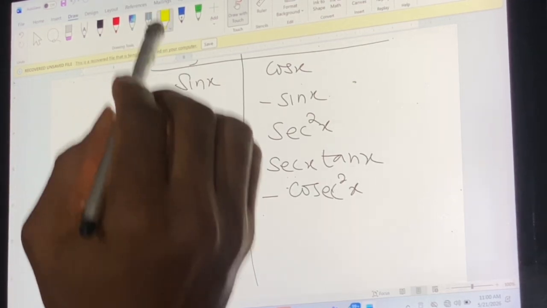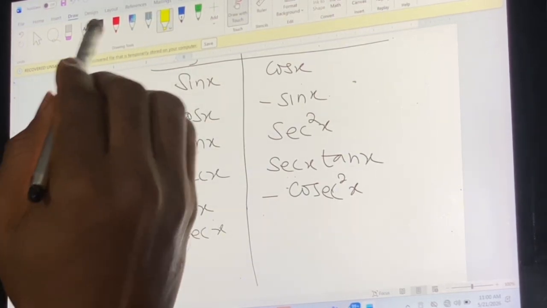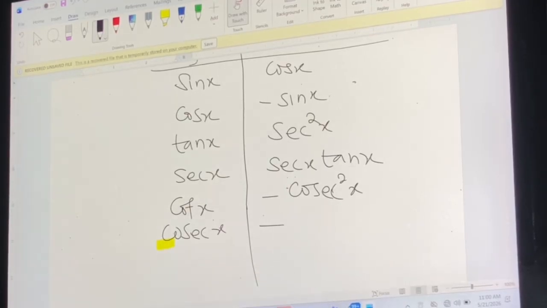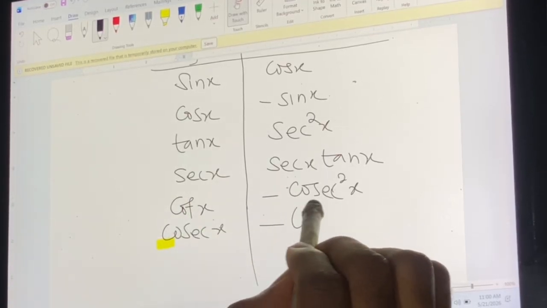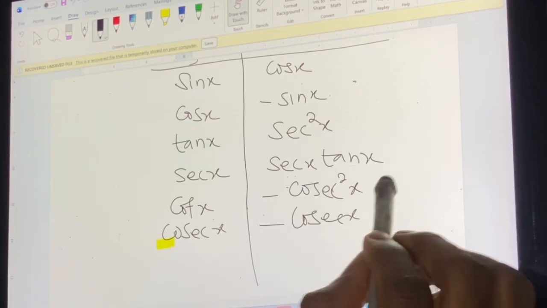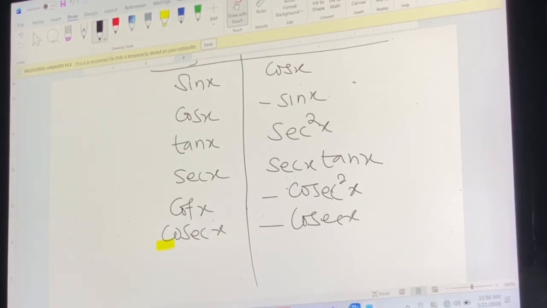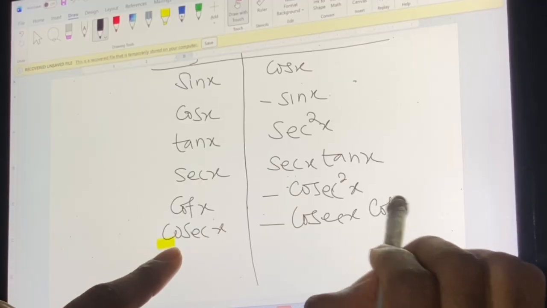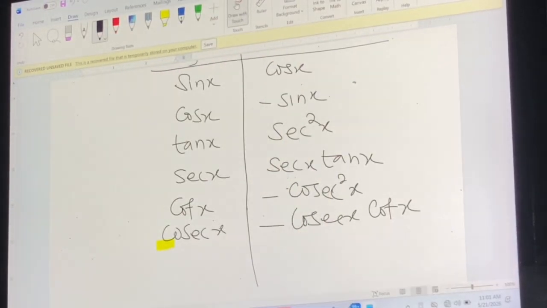Remember, c at the beginning is negative, so I will have a negative. C at the end means combine, so I will repeat cosec x and combine. What is that function? When you differentiate it, cosec gives cot. So this will be cot x. So these are the special functions of trigonometry and their derivatives.